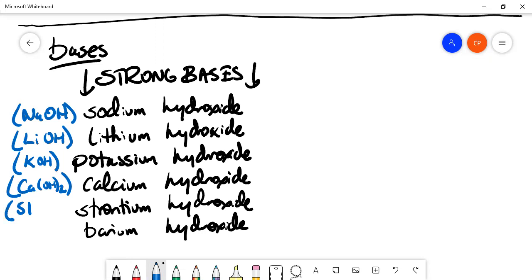Strontium hydroxide, Sr(OH)2. Barium hydroxide, Ba(OH)2. Seems to be a theme here.